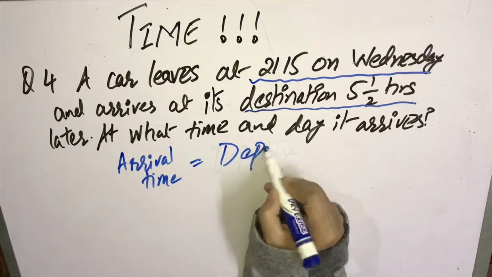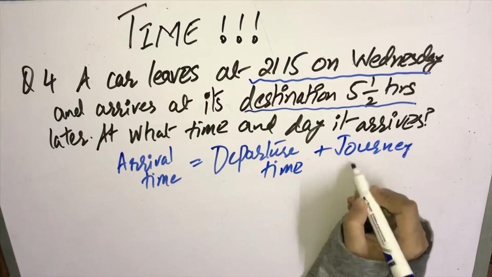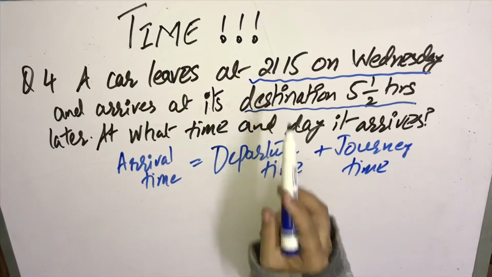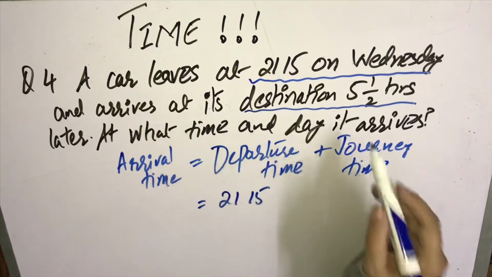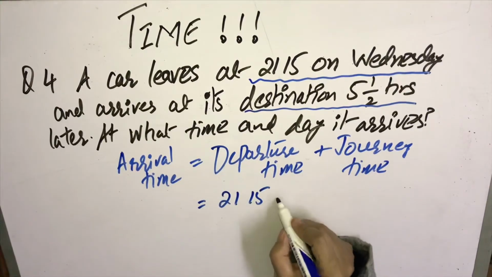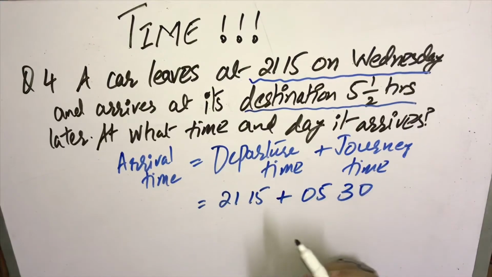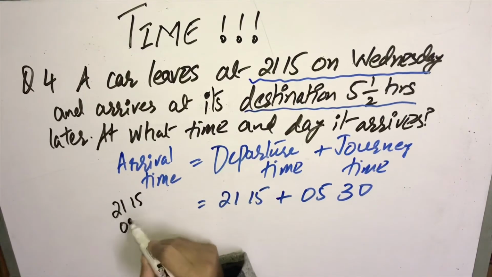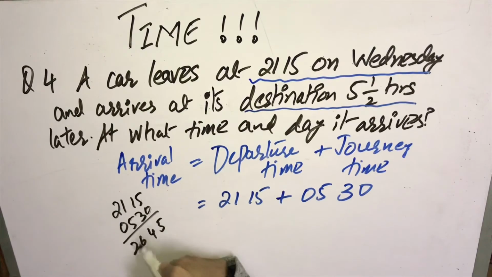Arrival time is equal to departure time plus journey time. Leaves means 21:15, departure time. Arrives 5.5 hours later means 05, and half hour is 30 minutes, journey time. When I add these two to find the arrival time, you can see that hours are 26.